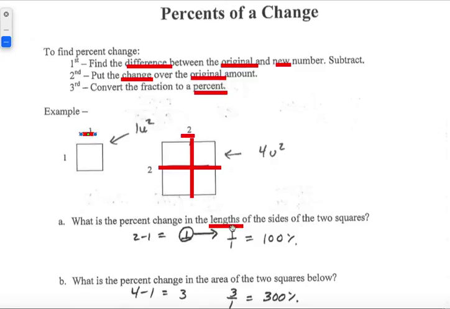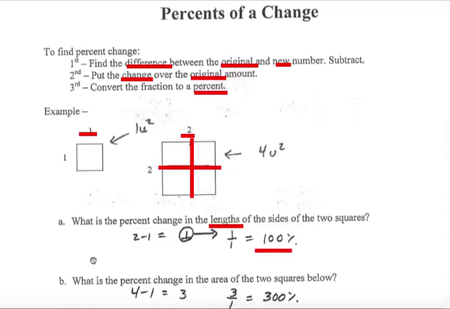That 1 becomes my numerator. Step 2 says to put that change over the original amount. The original amount was 1. So 1 divided by 1 is 1, which we know converts to 100%. So our percent change was 100%.